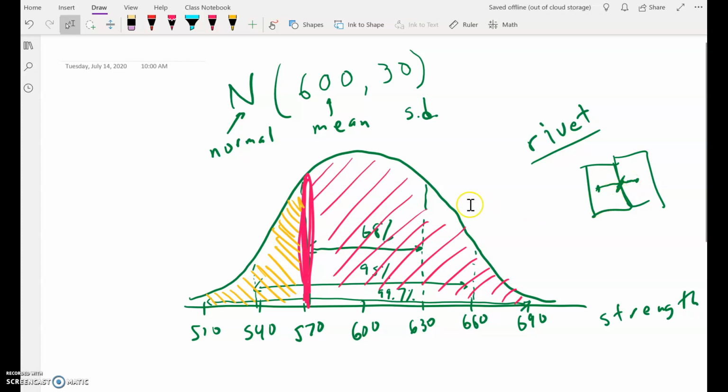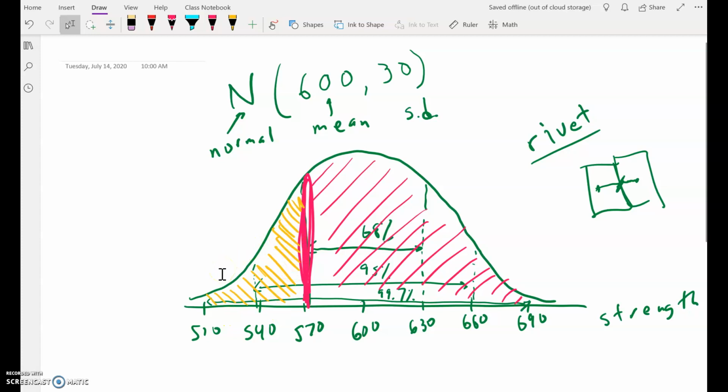Who knows, maybe that'll make the airplane crash. Or if you're building shelves, maybe it'll make the shelves collapse. So do you want to take a chance? Whatever this percentage is, do you want to take that chance of a rivet failing? I would say no. I would say that's too big of a chance to take.